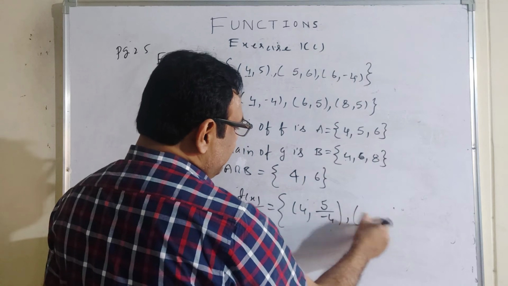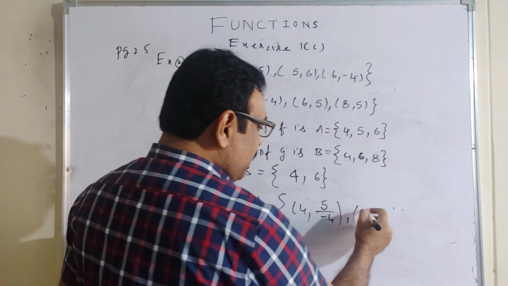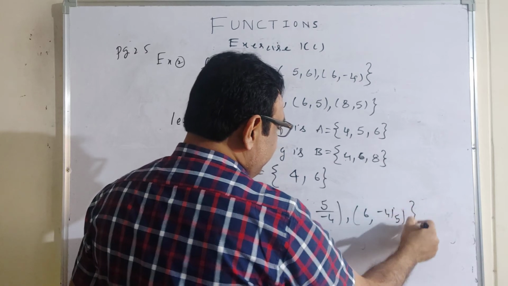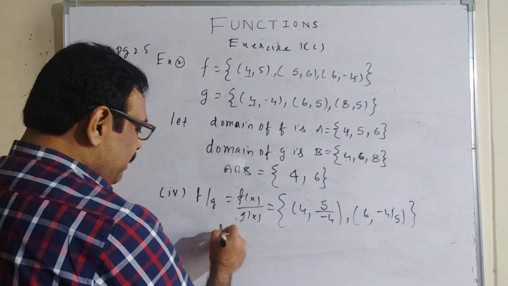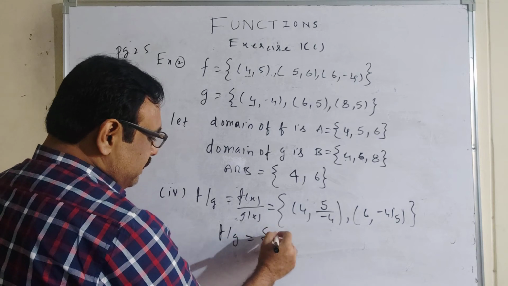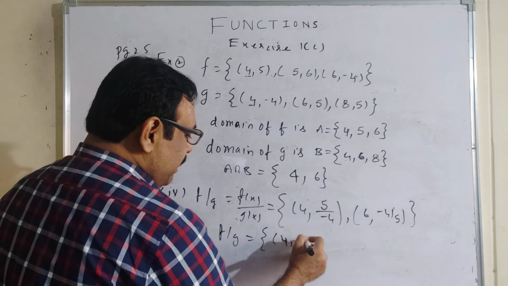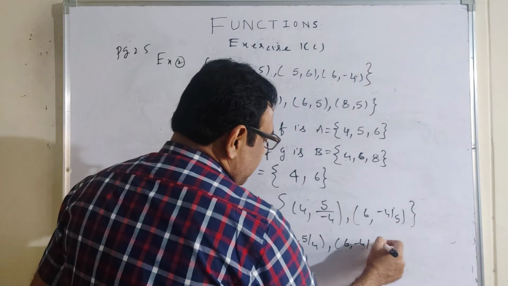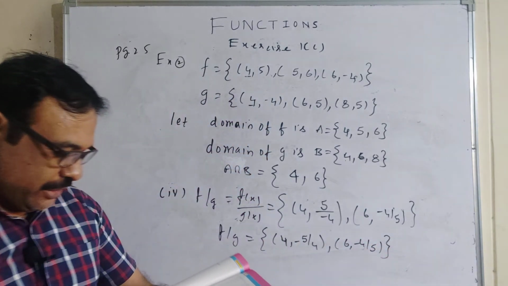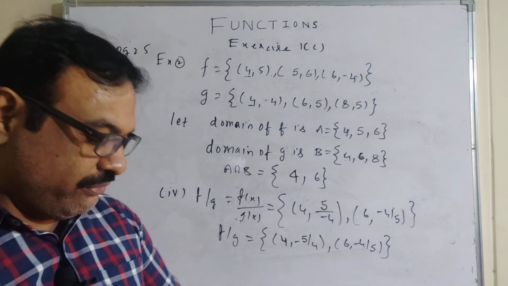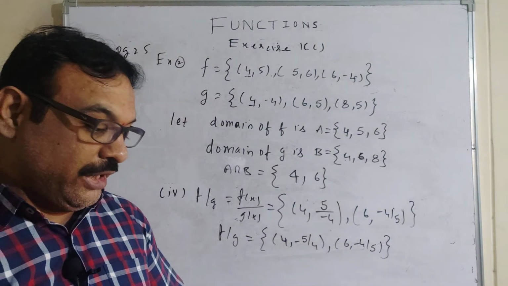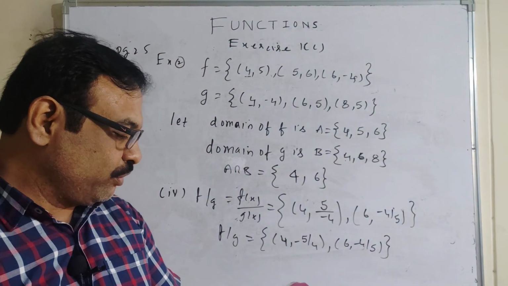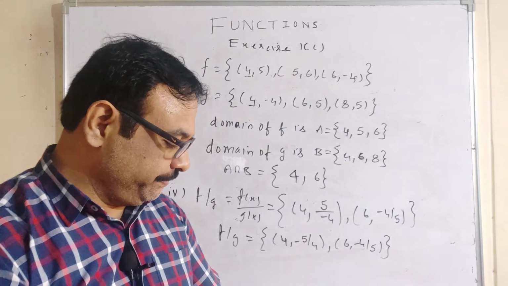Here you write domain elements the same, and this can be written as minus 4 by 5, that is the value. So you will be writing as simple as 4 comma minus 5 by 4, close this one, 6 comma minus 4 by 5, and this is going to be the answer. Hope everyone understood this kind of problem, and regarding the other applications you try on your own and you will get this part.